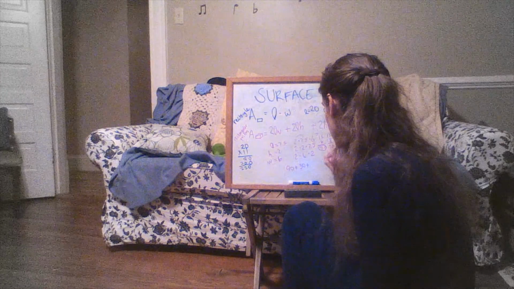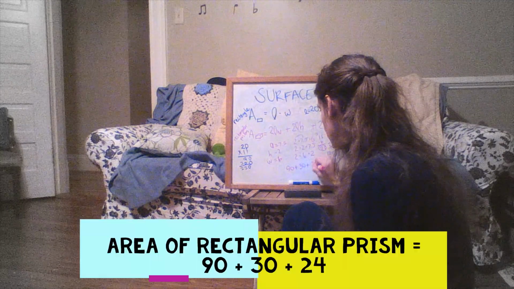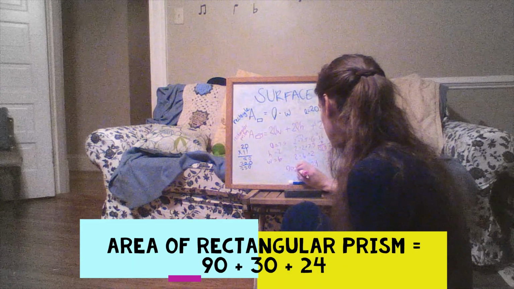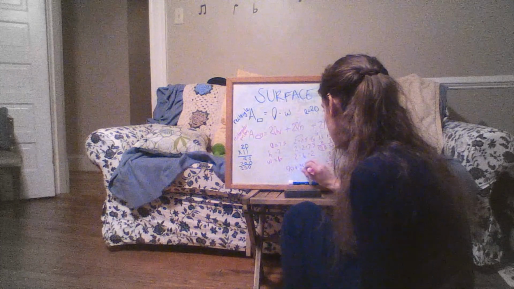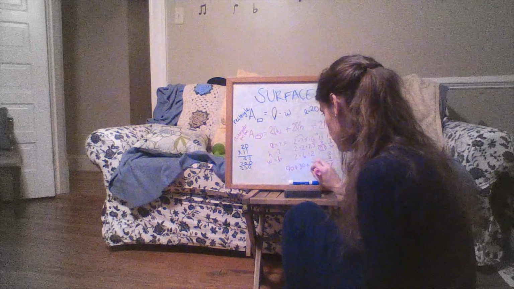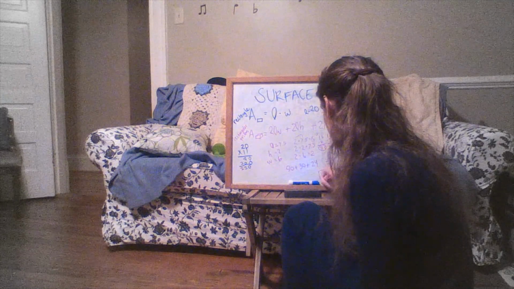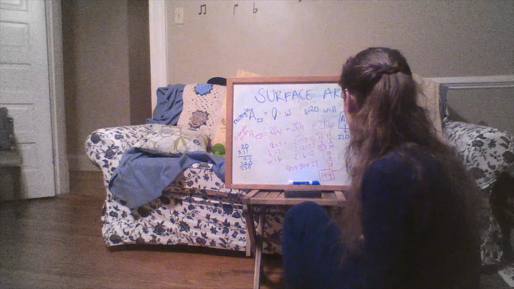And 12 times 2 is 24. So we got 90 plus 30 plus 24. Go ahead and crunch these up. So 0, 0, and 4 is 4. 9 and 3 is 12, and 2 is 14. So we got 144.